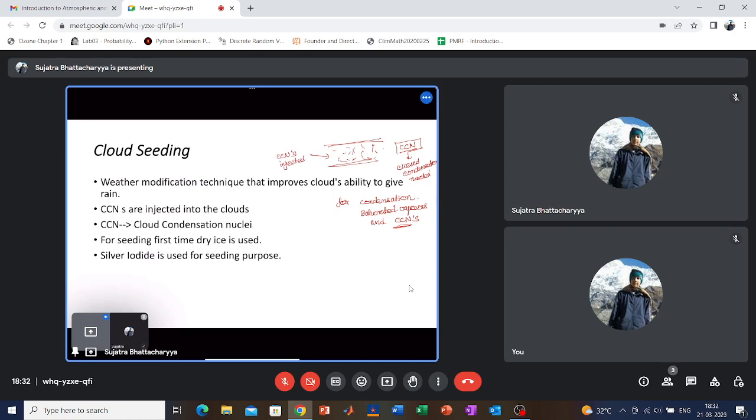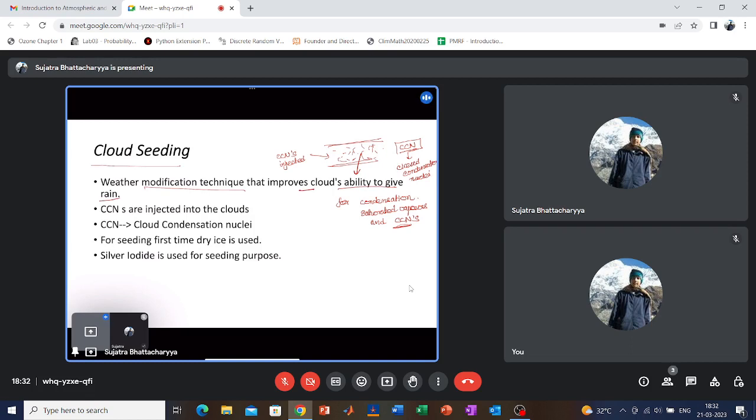Then there will be enough CCNs which will take up this moisture, condensation will take place and droplets will be formed. This is the process of cloud seeding. Therefore, it is a weather modification technique that improves the cloud's ability to give rain.